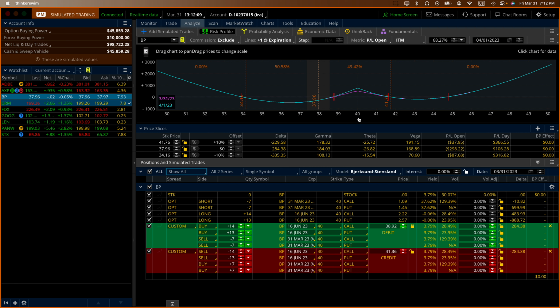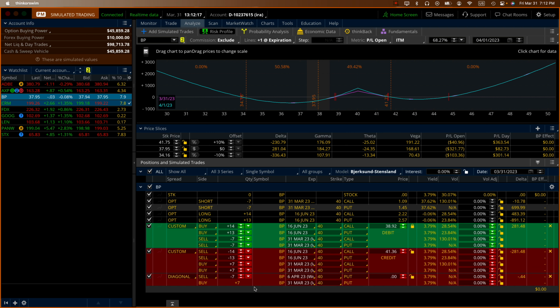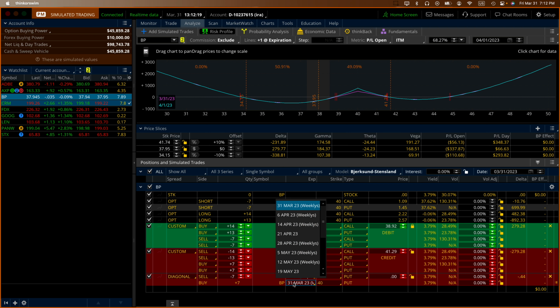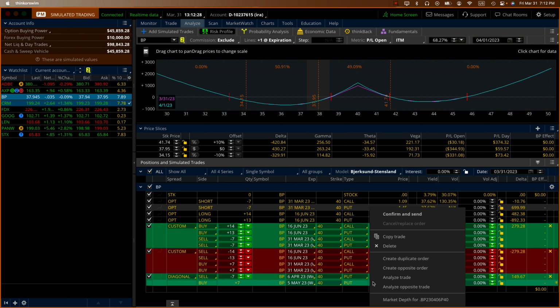My strike price is 40 and the stock is at 38. So I'm going to do the put side, roll over the put, analyze rolling, and I'm going to go from April to May the 5th. So I'm extending it by one more month. Hey, I did it the opposite, so they say analyze the opposite.